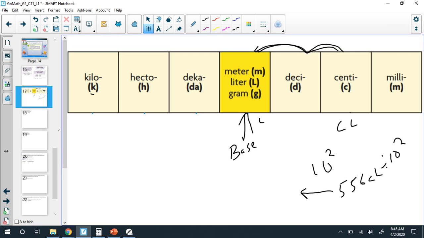Hopefully we remember that all we need to do is put a decimal in and then move that decimal based on our exponent. In this case, it's 2 times. So 556 centiliters is the same as 5 and 56 hundredths of a liter. That's the way this whole system works, and it works all the way from kiloliters to milliliters, or kilograms to milligrams.